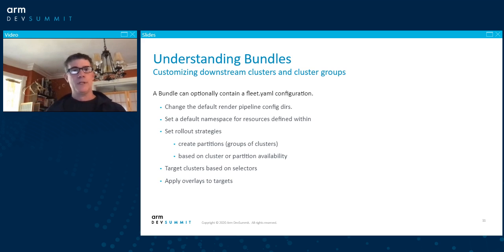So to customize downstream clusters and groups and cluster groups, for multi-cluster use cases, there's this file called the fleet.yaml configuration. And that's really what's housing the bundle. And we can target specific clusters with specific customizations this way. So you get all of those previous ways to configure your software.